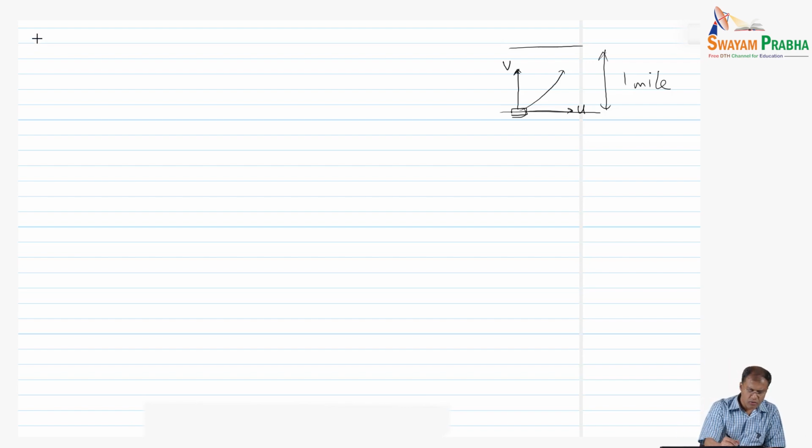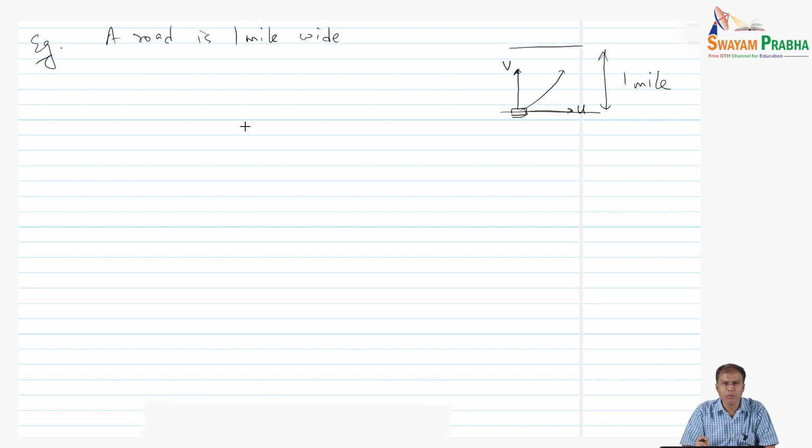So the problem is a road is 1 mile wide. Well, let's not talk about tornado, which is a bit extreme. Let us say that this is wind, right?